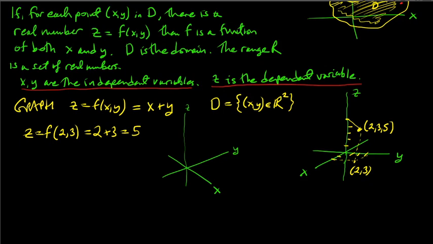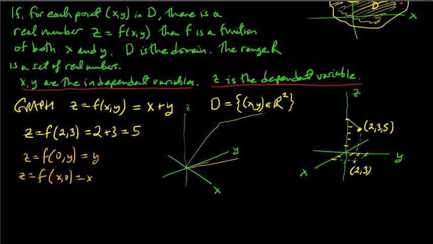So if you just look at what happens when, say, x is 0, you just get 0 plus y, or y. So the trace is just this straight line here, z equals y. And you could do the same thing with y equals 0. You just get x. So as you move along the x-axis, this also goes up like that.